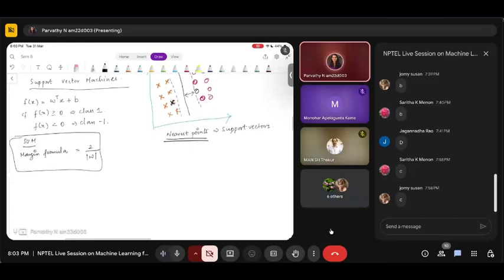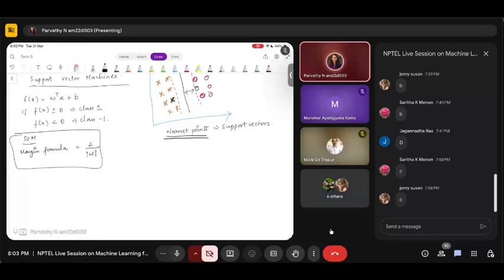So for easier calculation, the hard margin SVM works like this.